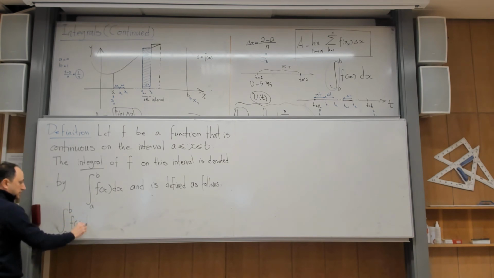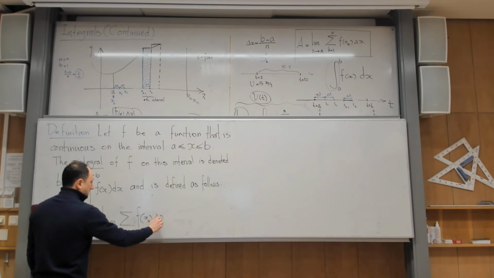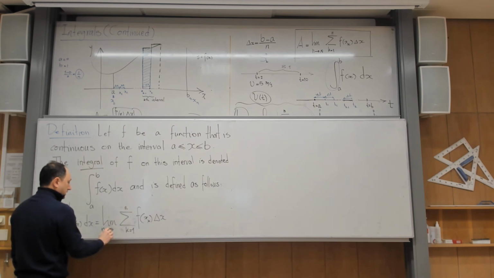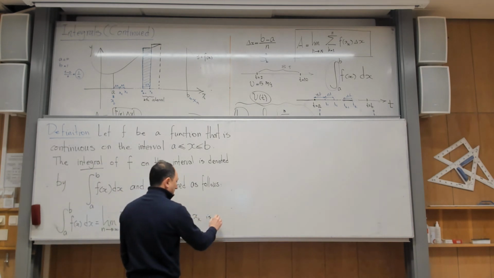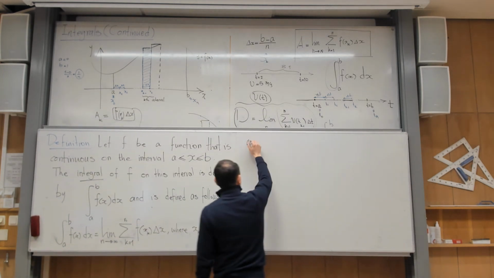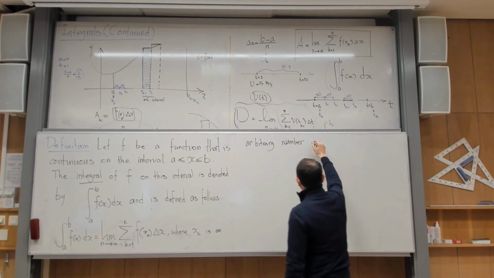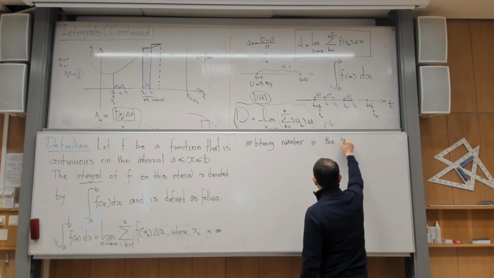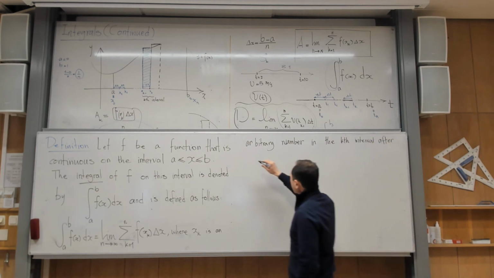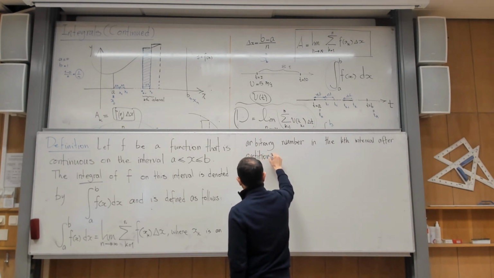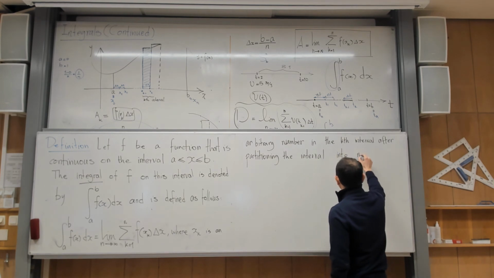The integral from a to b of f of x dx is the limit of the sum of f of x sub k delta x, k goes from 1 to n, as n goes to infinity, where x sub k is an arbitrary number in the kth interval, after partitioning the interval into n equal pieces.